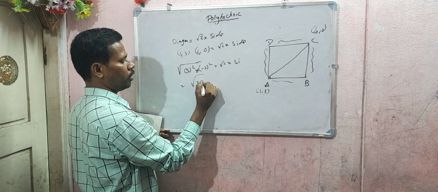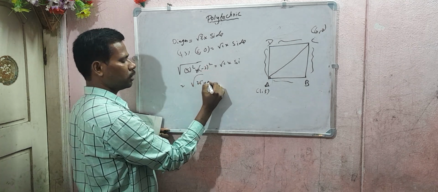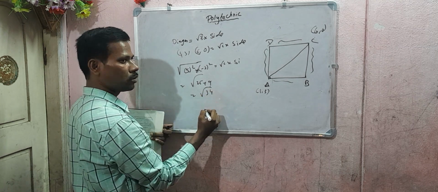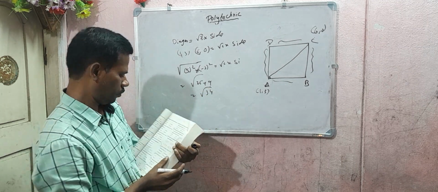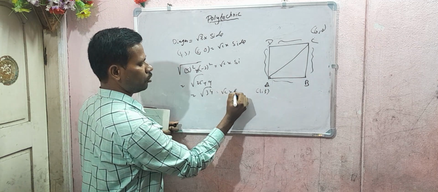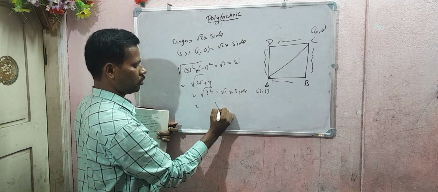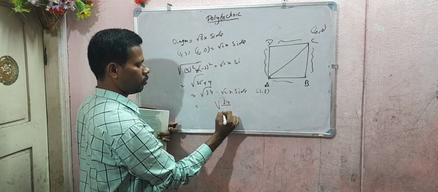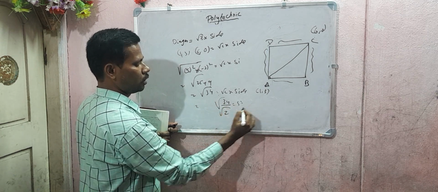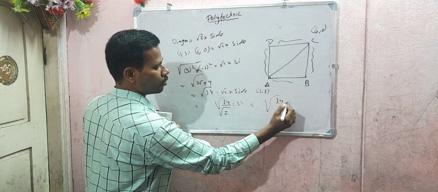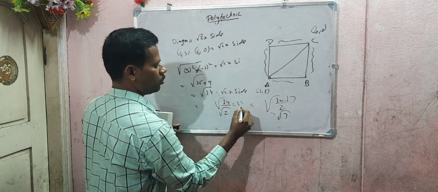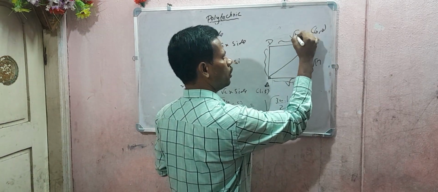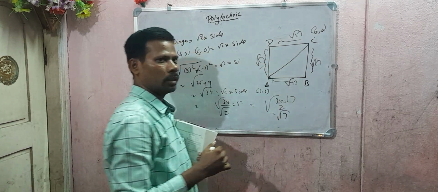So 5 5 is 25 plus this is nothing but 9. 25 plus 9 is 34, root 34 is equal to root 2 into side. Next, root 34 by root 2 is equal to side. This can be written as root 34 by 2, so side is root 17. That means this side is root 17, root 17, root 17. That's it.